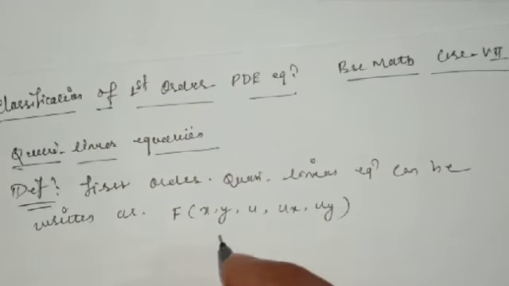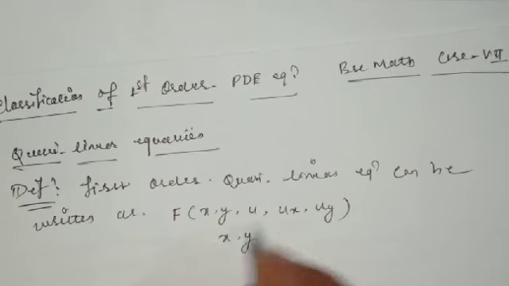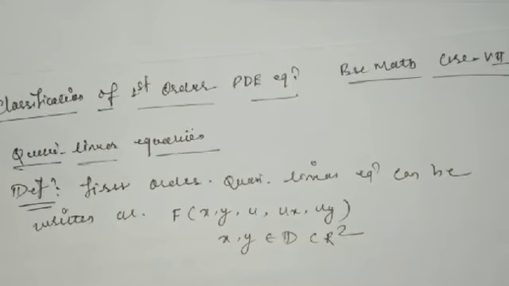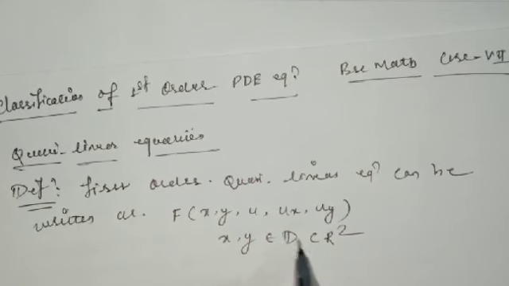Here we write the properties, that is x, y belongs to the domain, and this domain is a proper subset of R2.